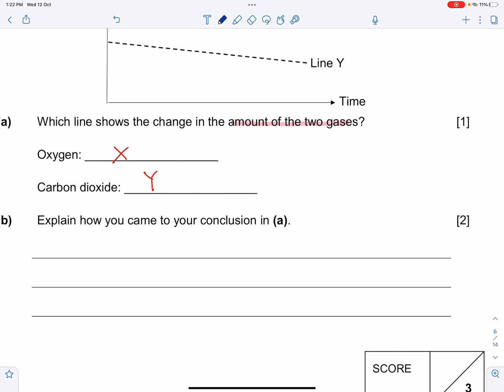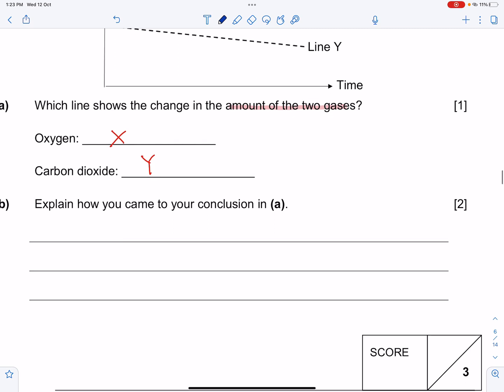But a lot of you were very careless with the oxygen because you just said that during photosynthesis, the plant produces oxygen. So produce oxygen, does it mean that it will give out the oxygen? No. Okay? They could just be trapped inside the plant. You realize that, right? So if it's trapped inside the plant, it doesn't mean that it will cause any changes, right? So you need to be very careful.